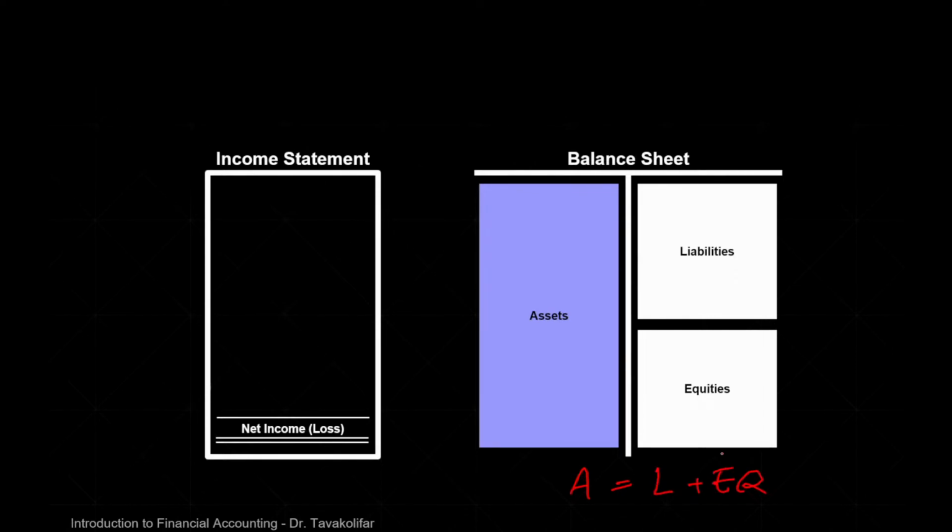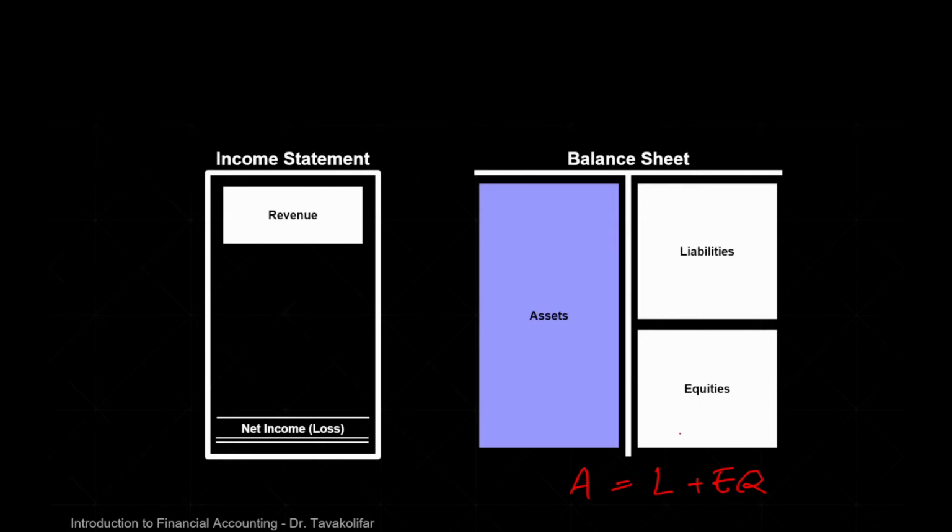Again, assets are what we own, what we have, and we are able to use them to benefit from them in the future. Liabilities are what we owe, and equities are investors' claim, basically what they put into the company as the first initial investment, as well as the money that we made in our company. So that's our balance sheet.